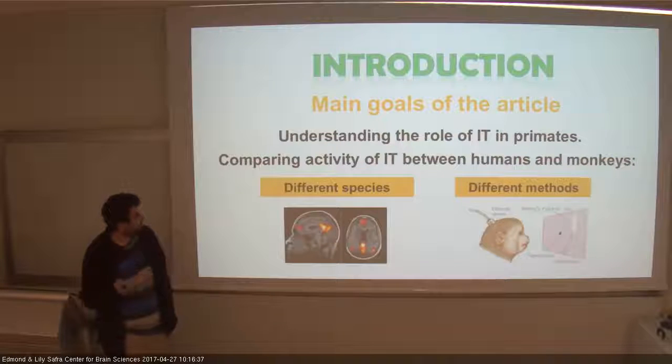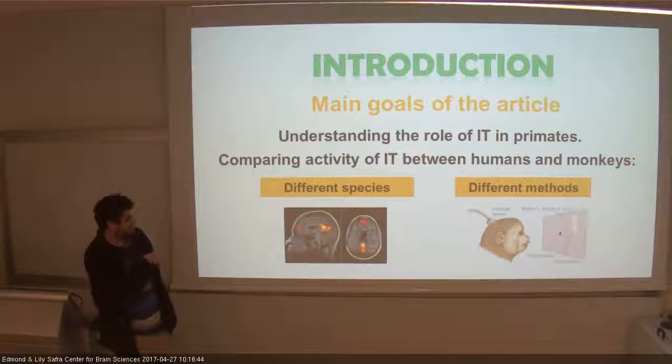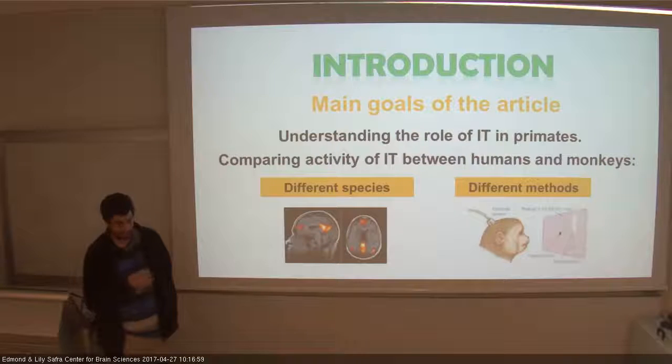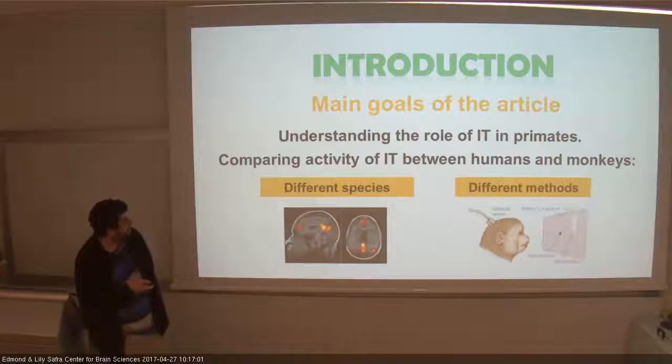And not only those are different species, the research about the monkeys was done previously to the one that they did here. So they already had all the data of the monkeys using electrophysiology. And this is not possible in humans. So in humans, they did an fMRI study. And they also tried to compare between fMRI and electrophysiology, which is also not very trivial.